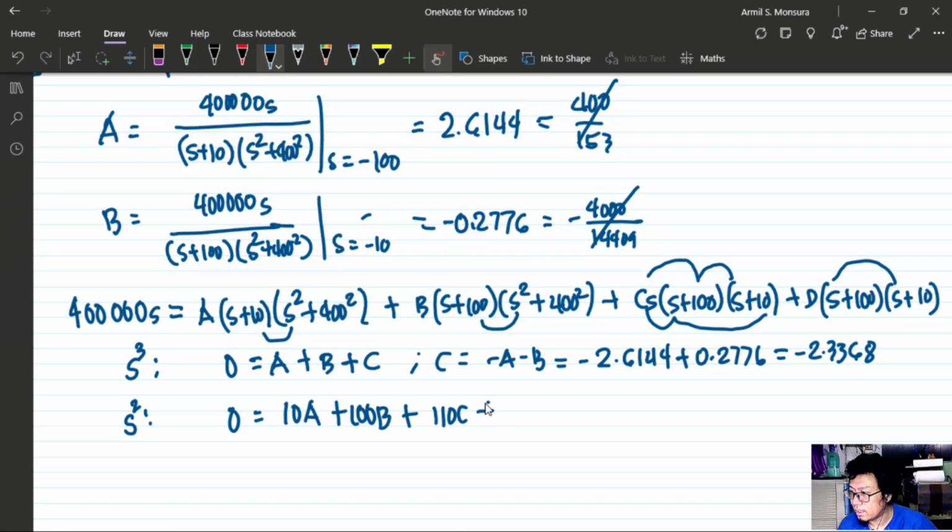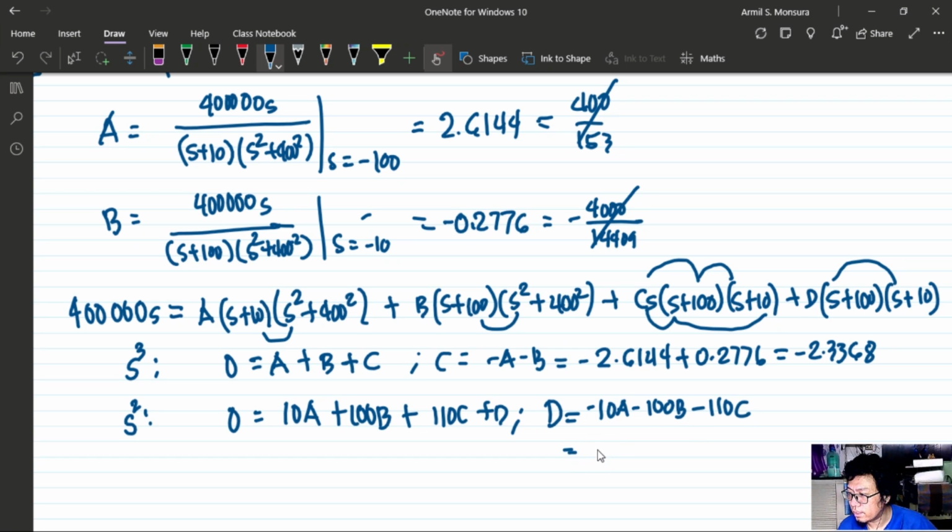So that's basically t. And then, since we already know what is a, b, and c, we can simply proceed in solving for d. Which is now negative 10a minus 100b minus 110c.